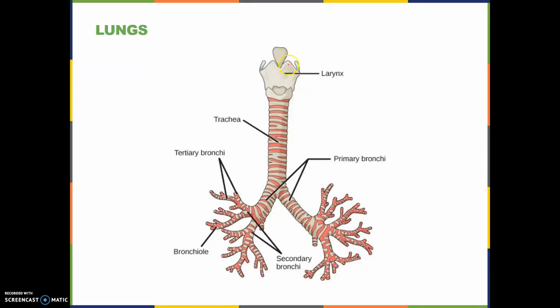Well, first of all, you have the throat, which is the pharynx, which is up here, which is the pathway for food, drink, and air. And air passes into the larynx, which contains your voice box, and then into your trachea or your windpipe. Your trachea branches to the right and the left.